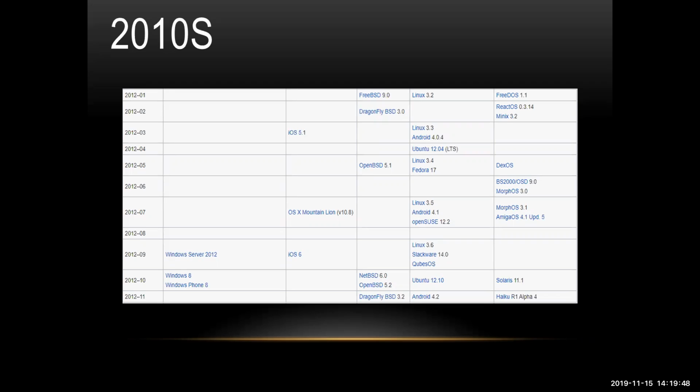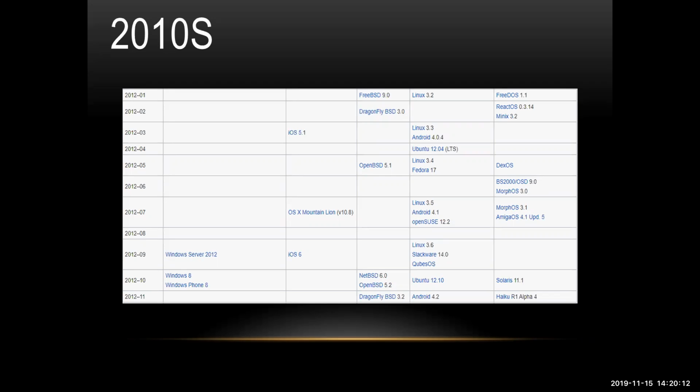Lastly, DexOS. DexOS is a 32-bit operating system written in x86 assembly. It is designed for coders that want direct access to all hardware with well-commented code and documentation. It's licensed under a free-to-use license for commercial and non-commercial use.